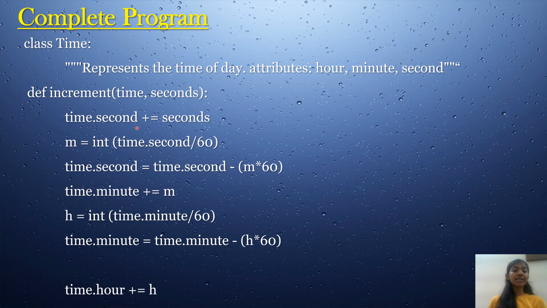So time.second equals time.second plus seconds, taking m as the integer value of time.second divided by 60, taking time.second equals time.second minus m times 60, time.minute equals time.minute plus m. Now taking h as the integer value of time.minute divided by 60 and taking time.minute equals time.minute minus h times 60. Now taking time.hour as time.hour plus h.